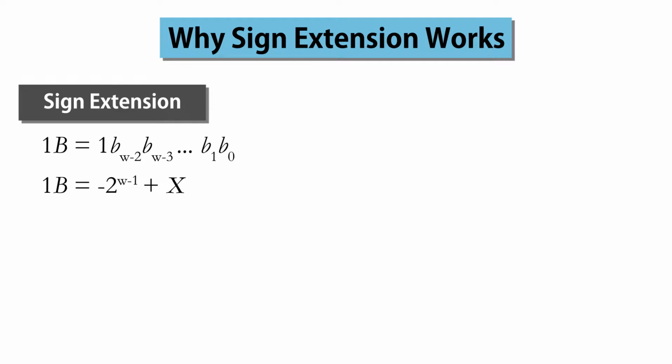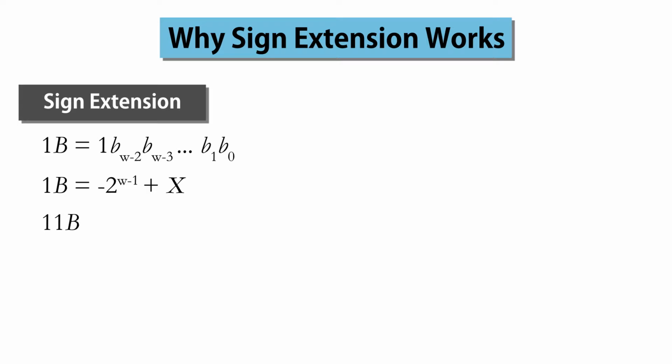Now consider what happens if we prepend a single 1 onto the left end to give us the sign extended number 11B. We need to show that this W plus 1 bit 2's complement number has exactly the same value as the W bit 2's complement number 1B.